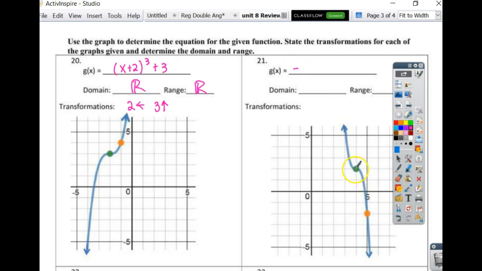So here's the point I'm starting at. So it got shifted how many? 2 or 1? 1. And it went down or up? The darker dot is the shifted point, it should be right here. Wait, it didn't go up 1.